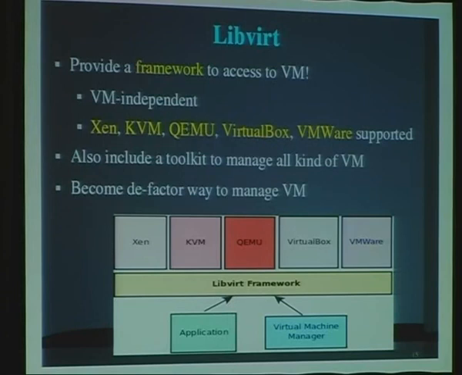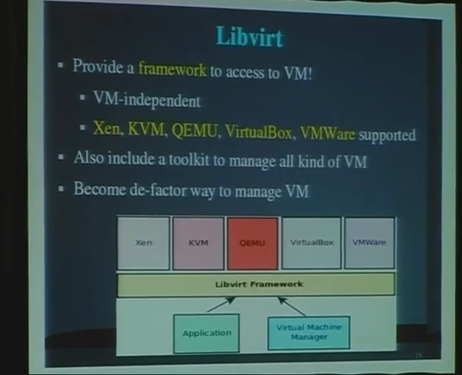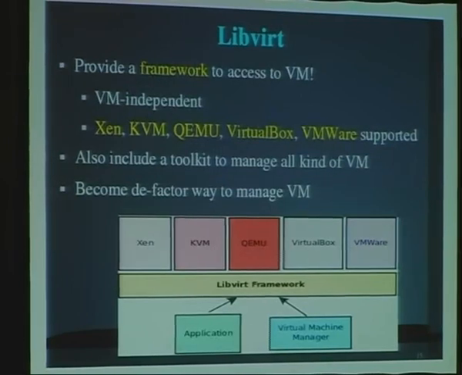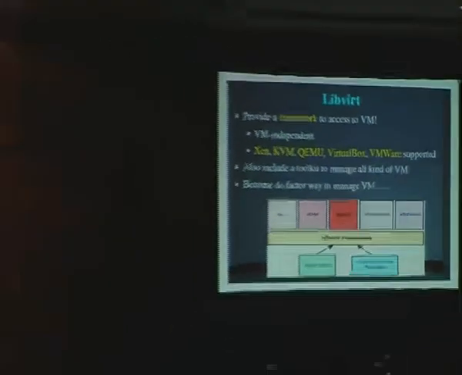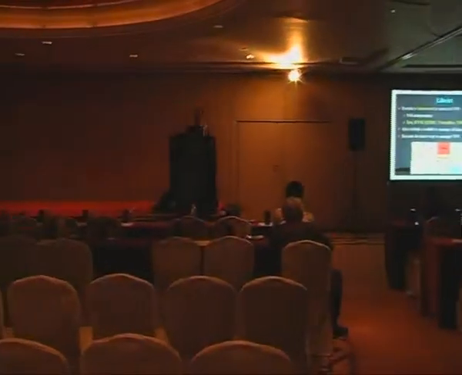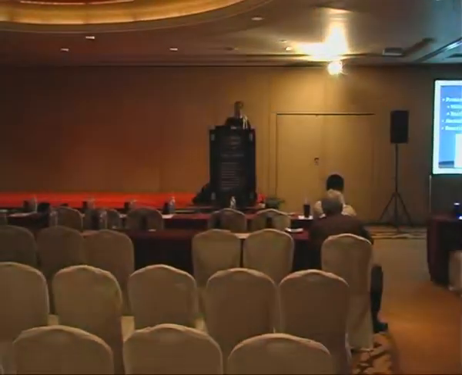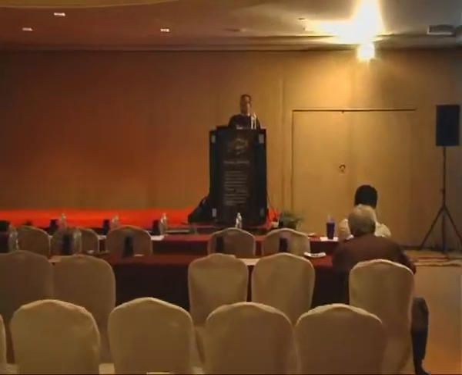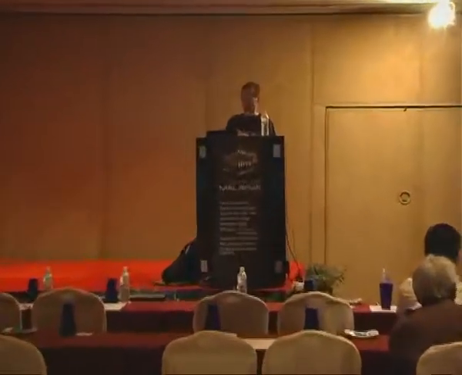So far, libvirt supports Xen, KVM, QEMU, VirtualBox, and VMware. Inside libvirt, they also include a toolkit to manage all kinds of virtual machines. Recently, libvirt has become a de facto method to manage virtual machines, and it is included in many Linux distributions now.